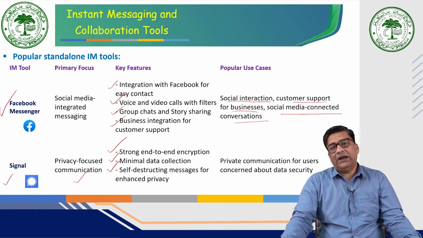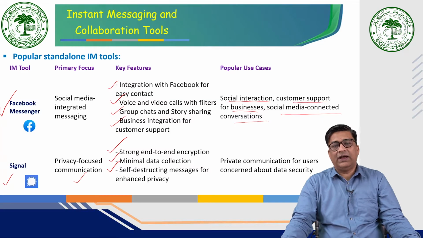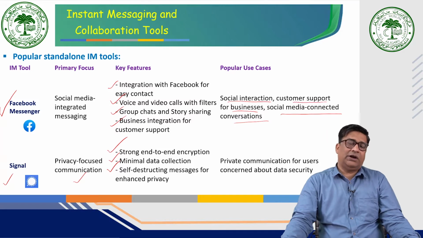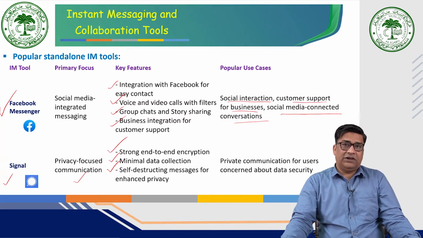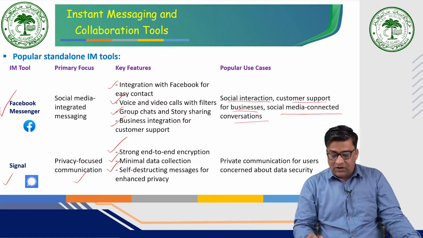Signal is a privacy-focused instant messaging app known for its end-to-end encryption and robust security features. It has gained popularity among many users from different regions. If privacy, security and data encryption are the key, then Signal is the best IM tool to be used for that purpose.